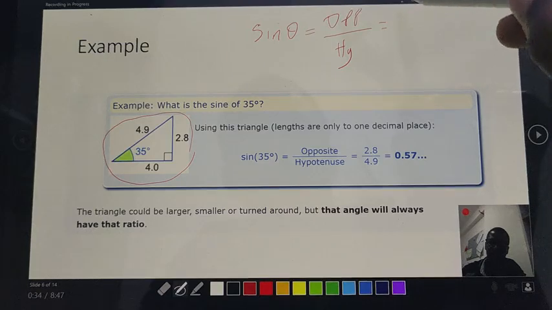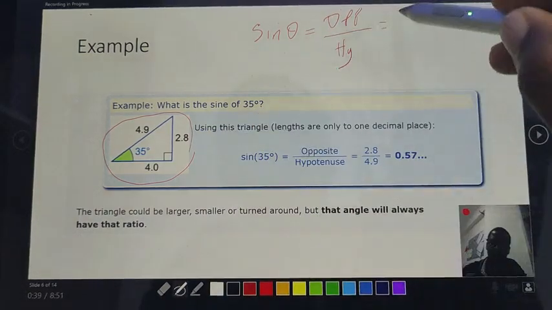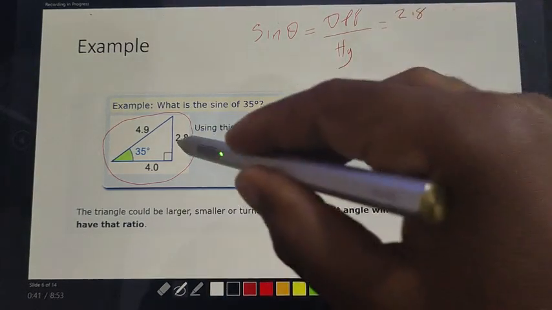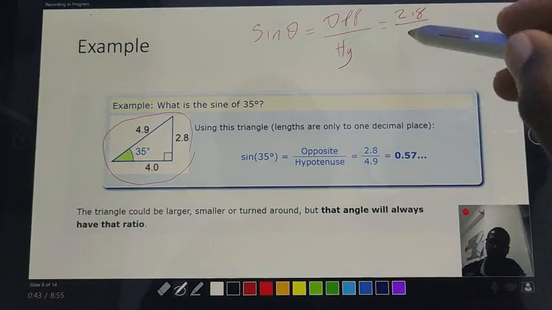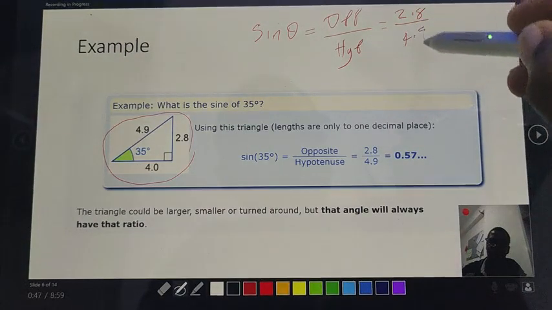In this case, opposite is 2.8, and hypotenuse is equal to 4.9.